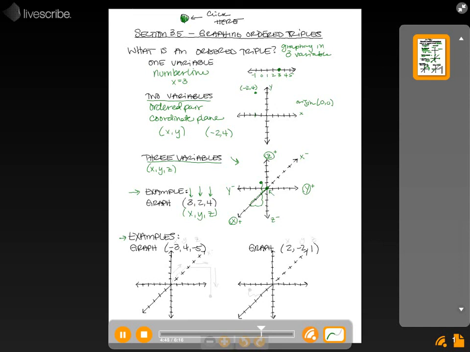So let's look at our first example. We're going to graph the ordered triple negative 3, 4, negative 5. So we start in the middle, and we're going to go back negative 3 on our x. Our x to the negative is this dashed line that comes out behind our graph. So we're going to go back 3.